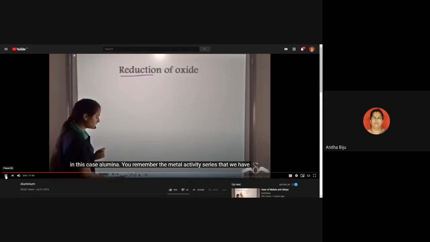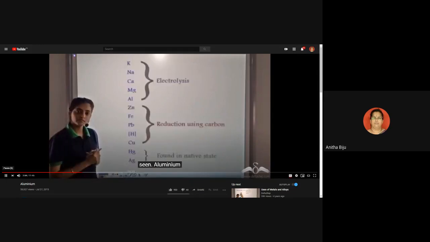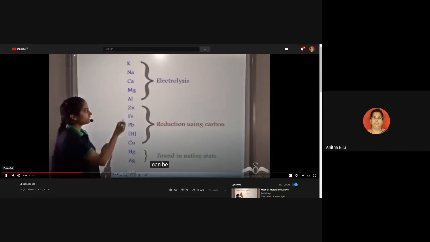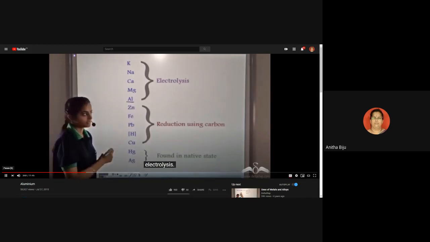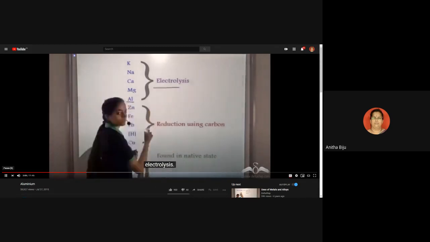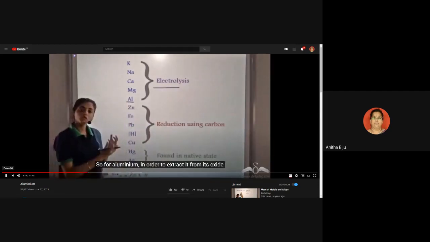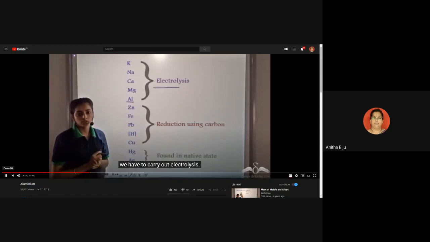You remember the metal activity series that we have seen? Aluminium can be extracted from its oxide by electrolysis. So for aluminium, in order to extract it from its oxide, we have to carry out electrolysis.